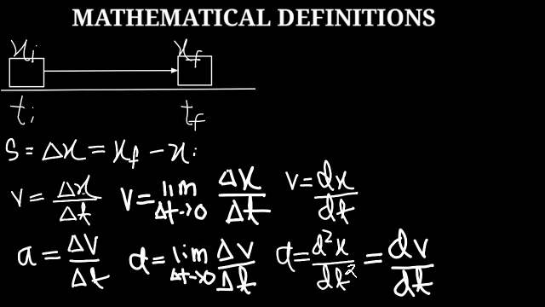So these are the mathematical ways we define these fundamental concepts in one-dimensional motion. They give us the tools to be much more precise in our analysis and to start deriving those important equations we'll talk about later.